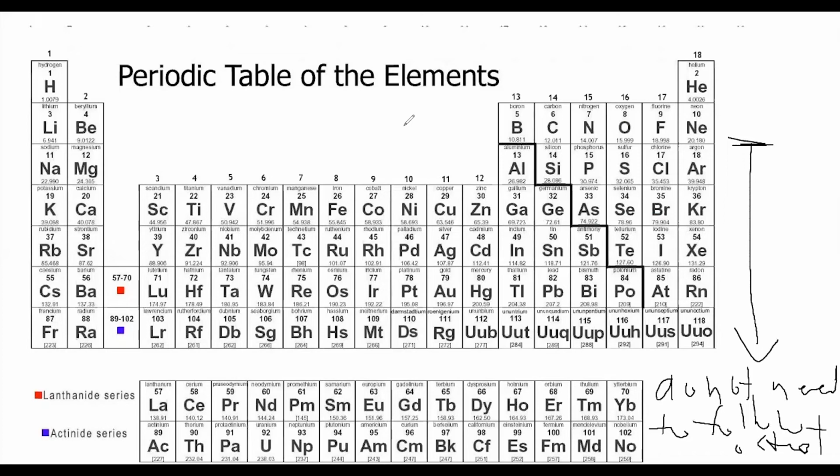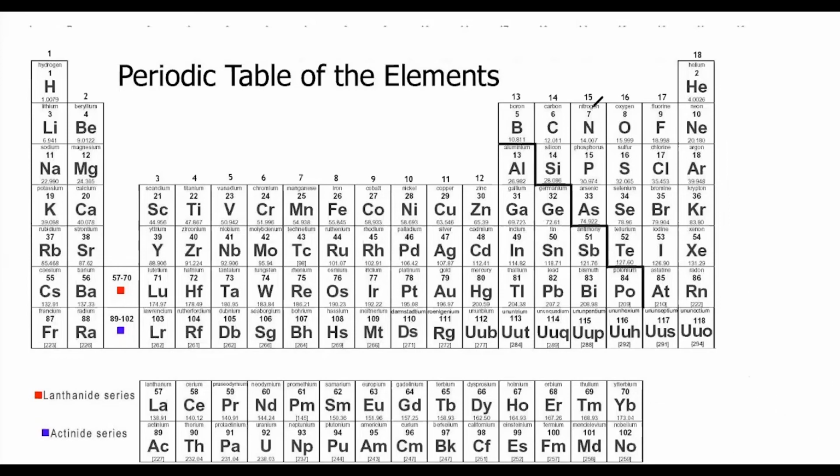So all of these elements from sodium down do not need to follow the octet. However, for carbon, nitrogen, oxygen, and fluorine, they have to follow the octet. Those are the four you have to be careful of. But with phosphorus, sulfur, and chlorine, they don't necessarily need to follow the octet.